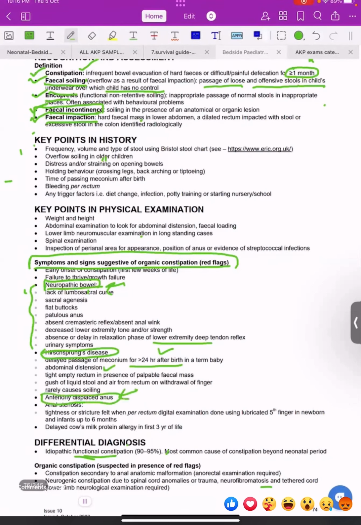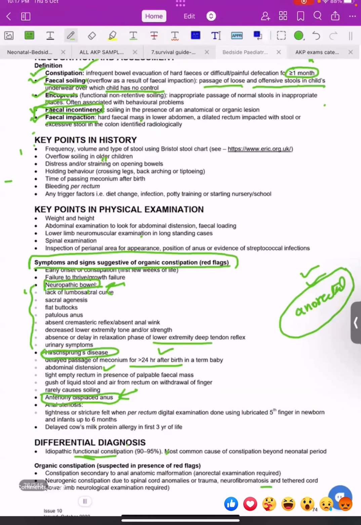That is very important. They say you have to look for it in the examination. When I was saying this may be a case of neuropathic bladder, I have to look for whether the bladder is palpable or not. What are the reflexes? The very first thing you should look for is anorectal abnormalities. They are basically much associated with upper motor neuron and lower motor neuron problems.